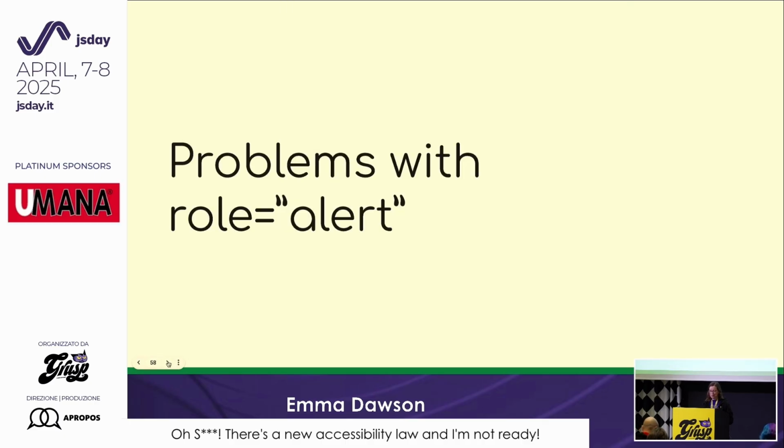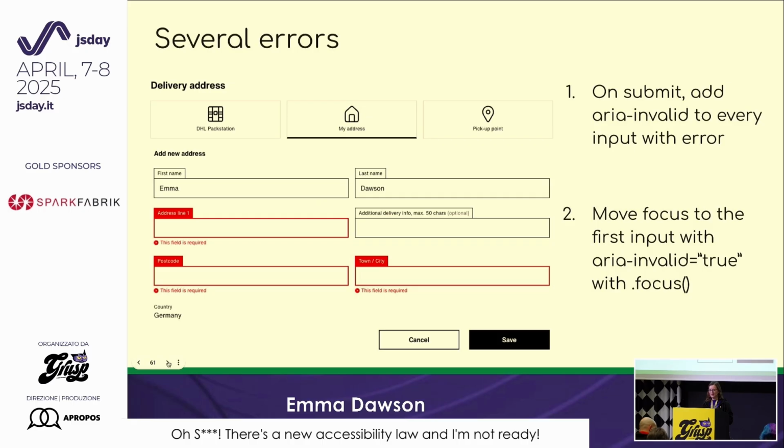But again, I said there are problems with this role of alert. And that happens when you've got several errors on your screen. So in this case, we have 3 errors on the screen, but we can use our aria-invalid to help us here. What we want to do instead is, as soon as we click that submit button, add aria-invalid with JavaScript to every input error on the page.